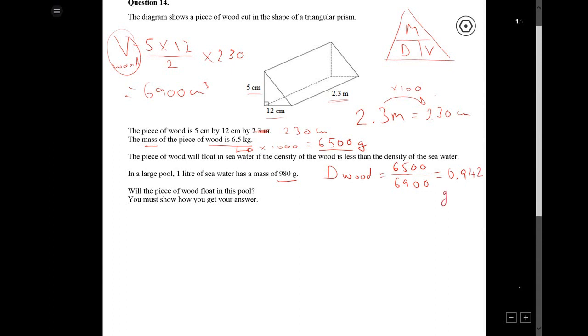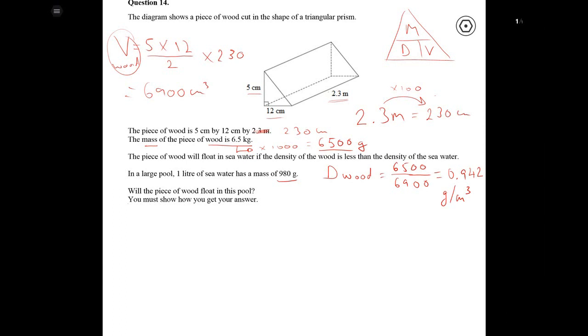Because we divided grams by centimeters cubed, obviously our answer is going to be in grams divided by centimeters cubed. Now my answer is rounded to 3 significant figures. Great. So we did everything we could with the wood.